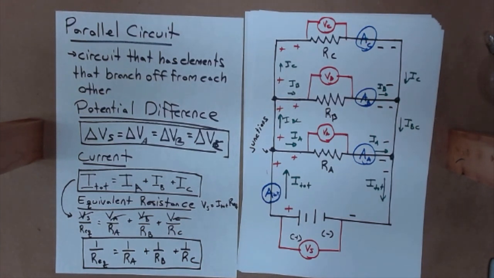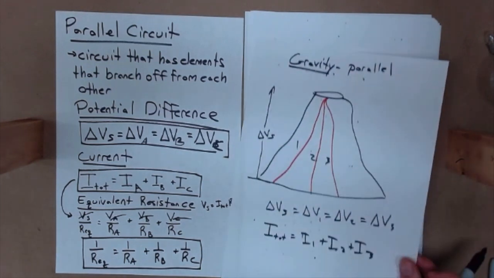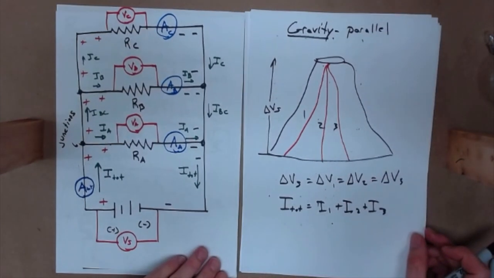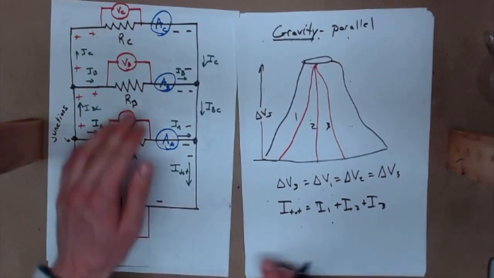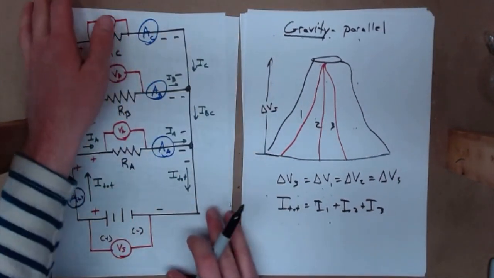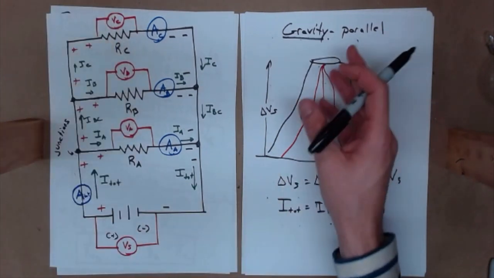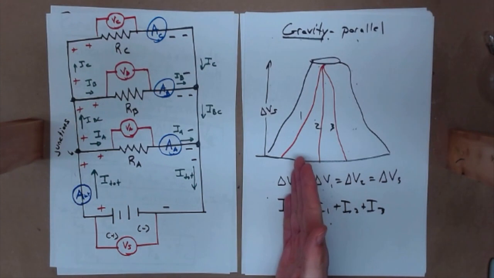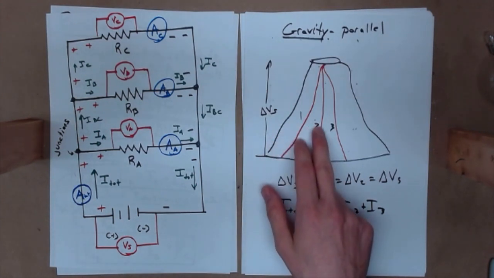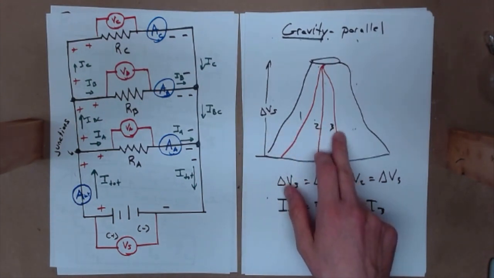Just like with series circuits, I'd like to make a gravitational analogy. I actually prefer to make the analogy to a volcano. So here I have a volcano that has lava or magma, whatever we want to call it, coming down out of it, right? It breaks into 3 different streams, 1, 2, and 3.